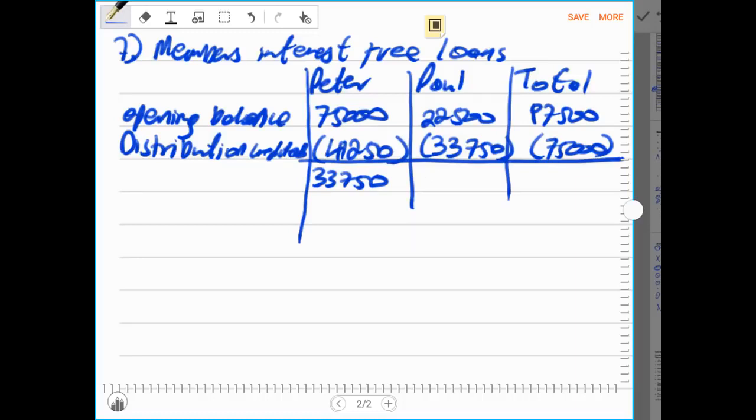That will be 11,250 negative, which at the end will be plus 33,750. That will be a total of 22,500.